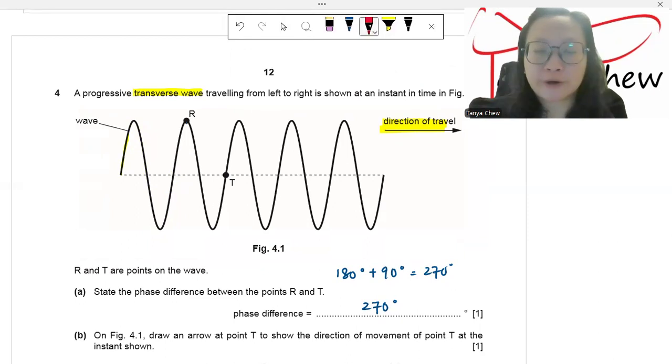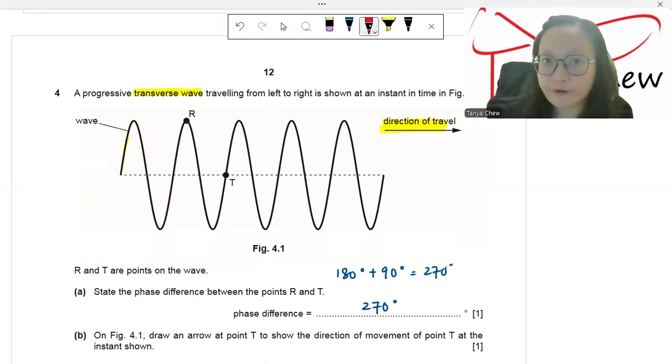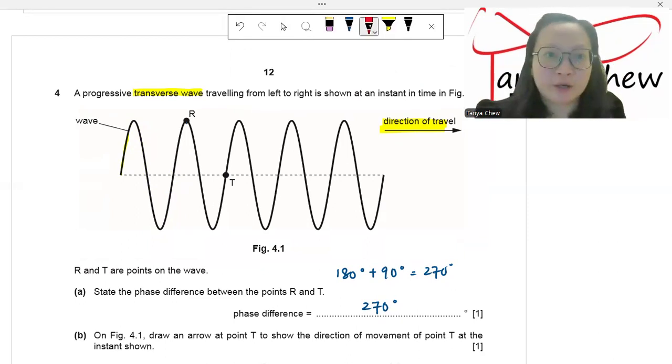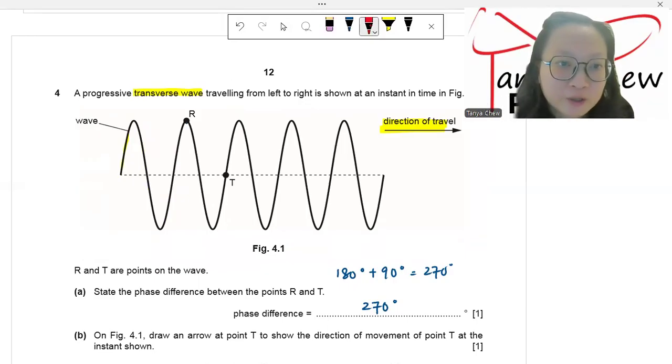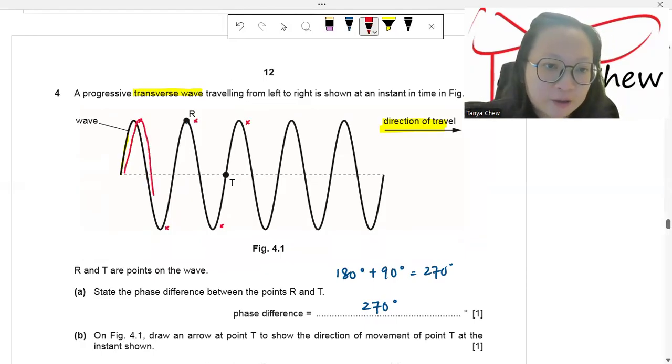So I am going to draw another wave profile to show that this wave has already been shifted to the right because this wave is traveling to the right. Shift this a bit, shift this a bit to the right, just until T. Now I am going to sketch it. Look at my red wave profile, the new wave profile.